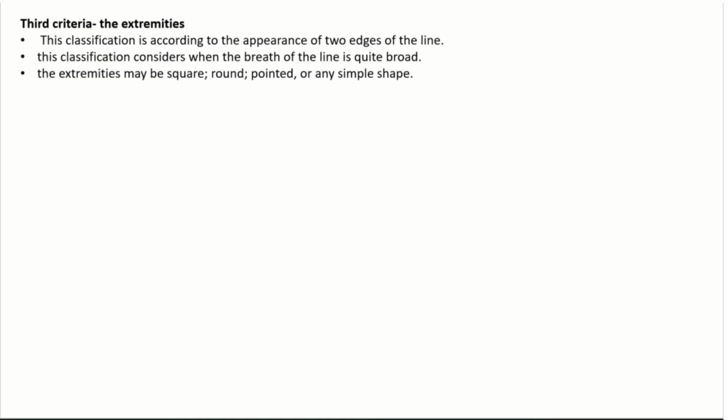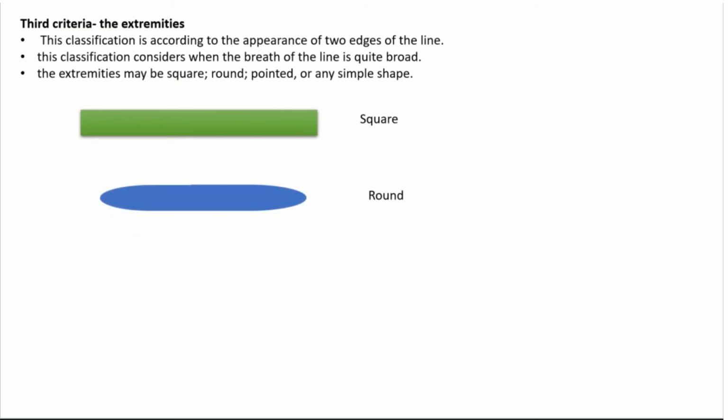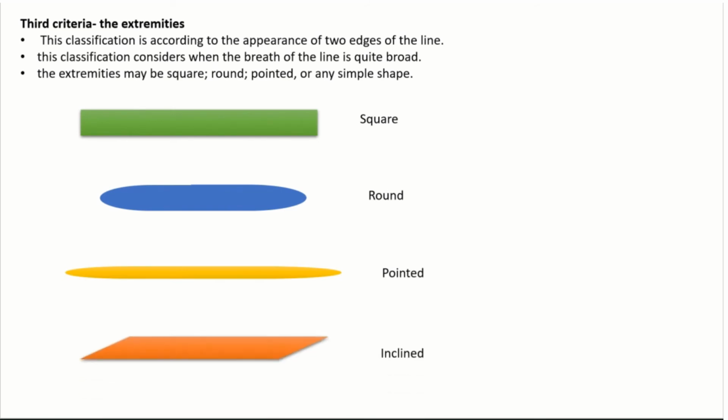If I consider a thick line, then it may be of the square type, or of the round type. Only the extremities are being considered. Or it may be pointed extremities, or some sort of inclined extremities. So this criterion shows how the two edges of the line appear when the line is a thick one.